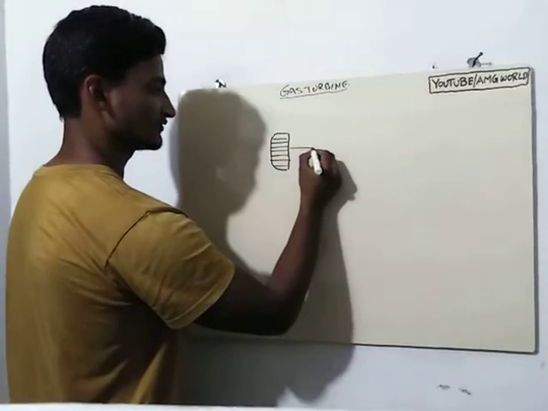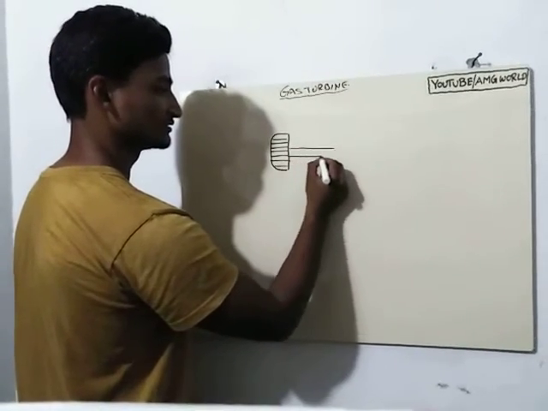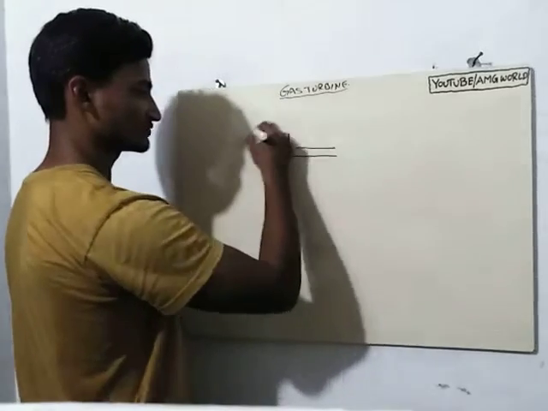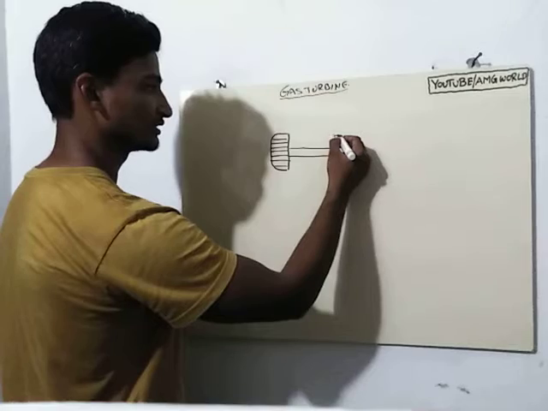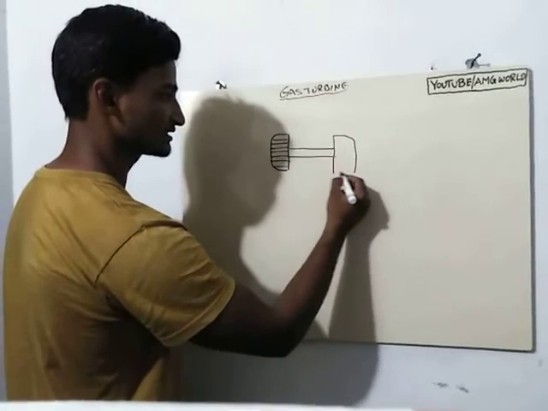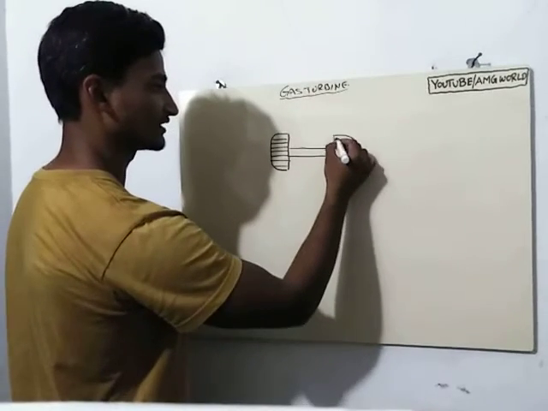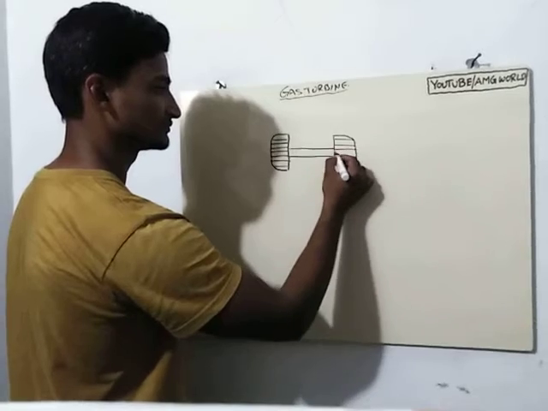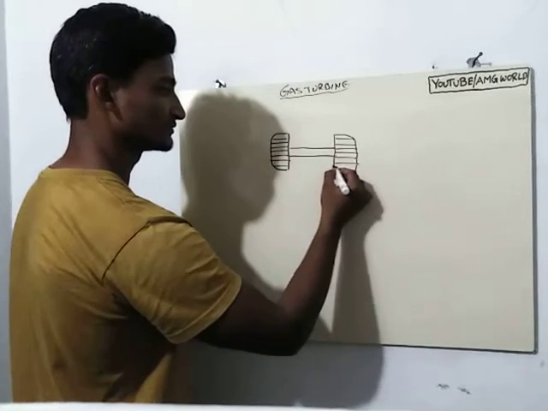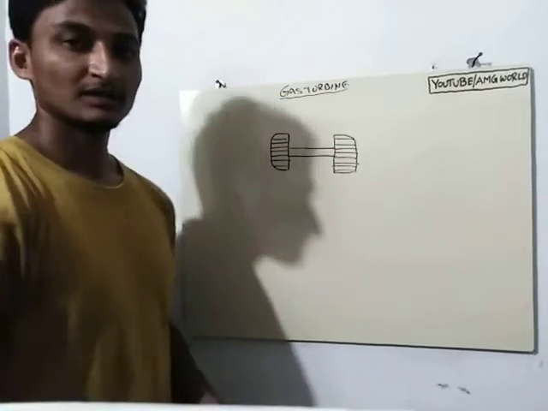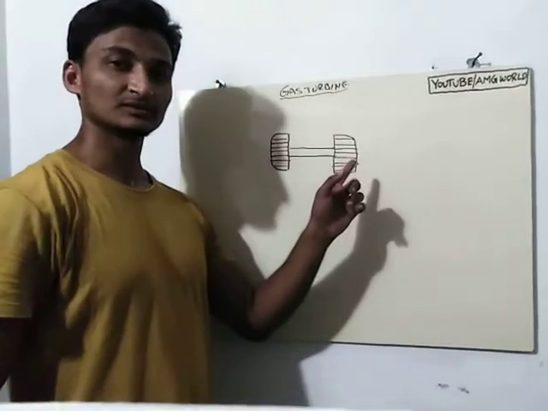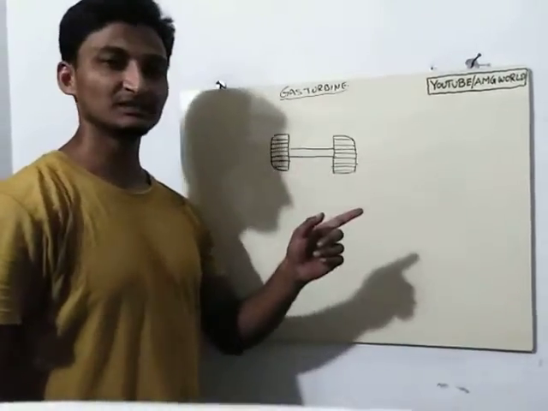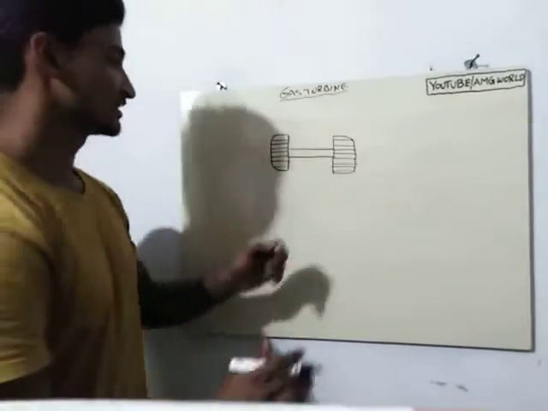This turbine is attached to a structure like this, called the turbine. Remember that the compressor and turbine are mounted rigidly on the same shaft.